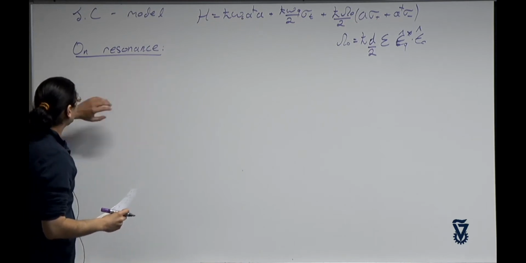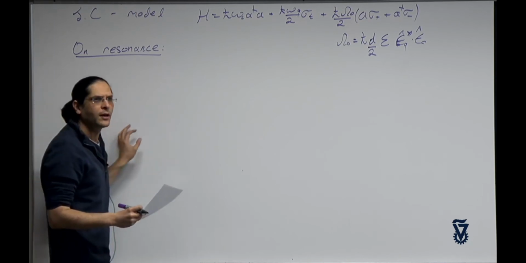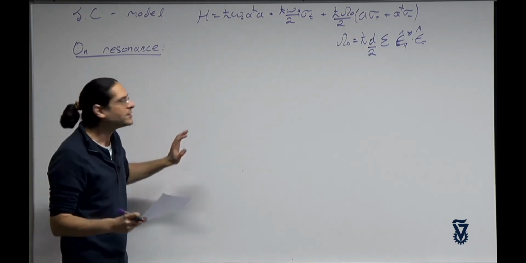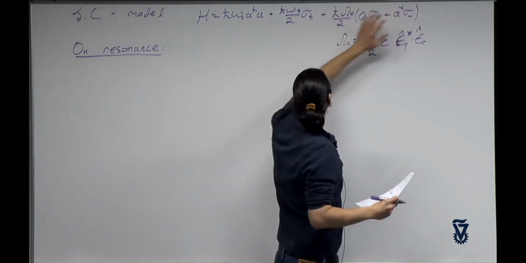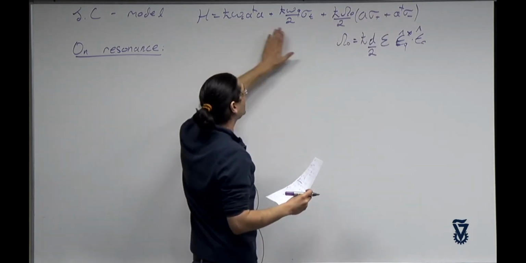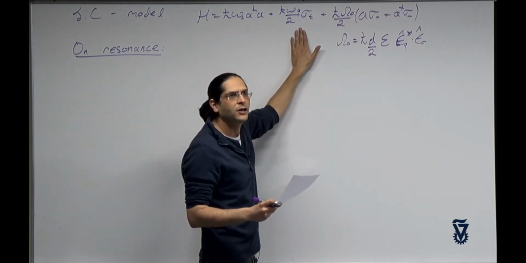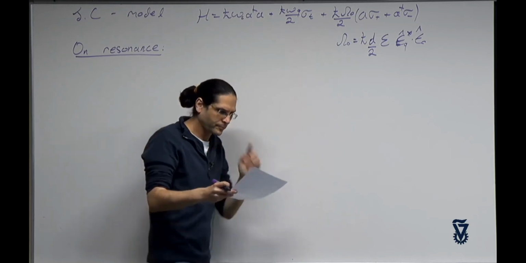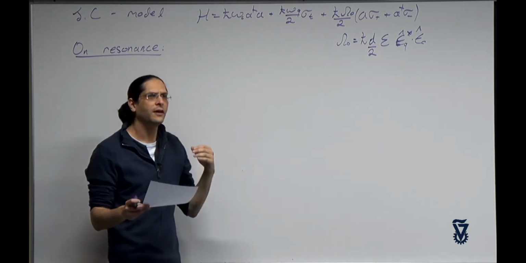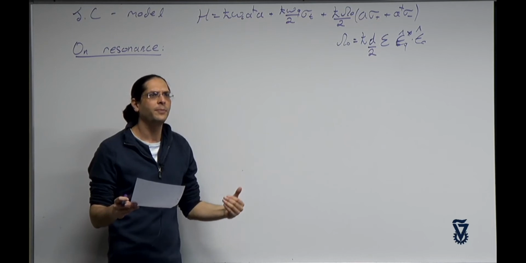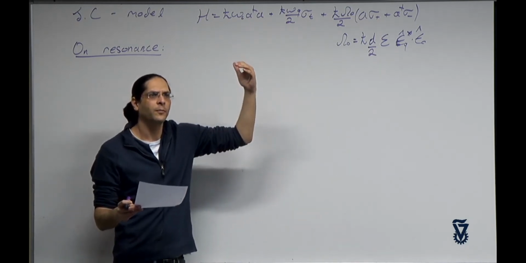So on resonance, what I'm going to draw right now is first the uncoupled system. So suppose that we have no interaction. We're just going to have a harmonic oscillator and a qubit. So for each level of the qubit, there's going to be a whole spectrum of harmonic oscillator, right?